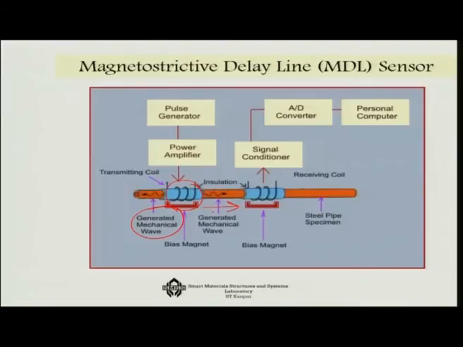Then at another point you pick up the signal and find the delay in its arrival through the pipe, from point A to point B, due to the electromagnetic effect. The delay will be more if there are cracks inside the system, so this delay can be a measure of cracks or defects in the pipe.